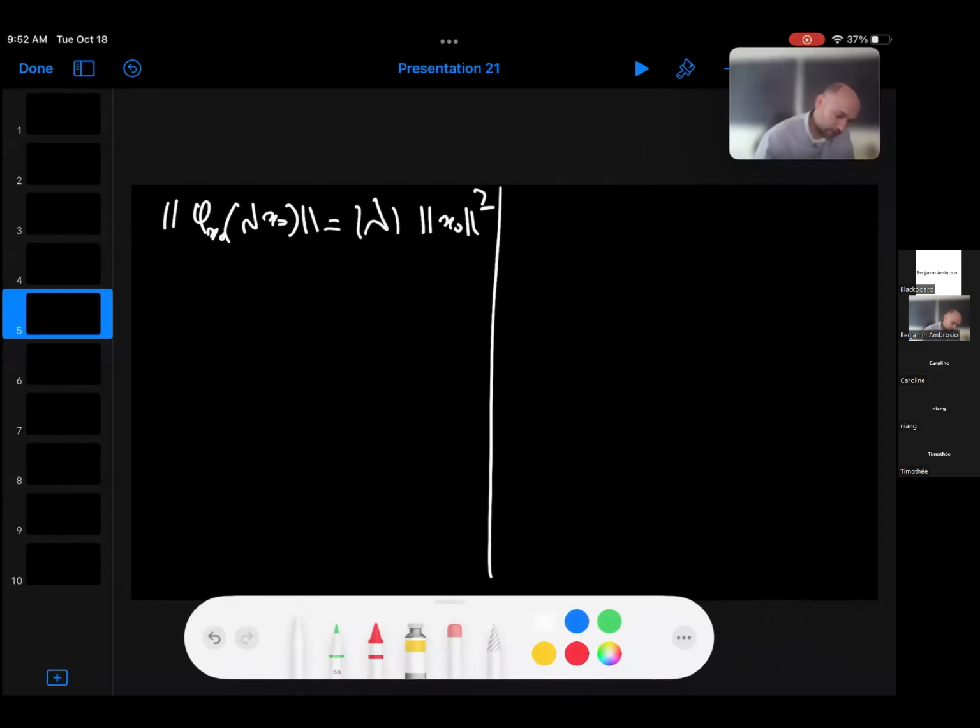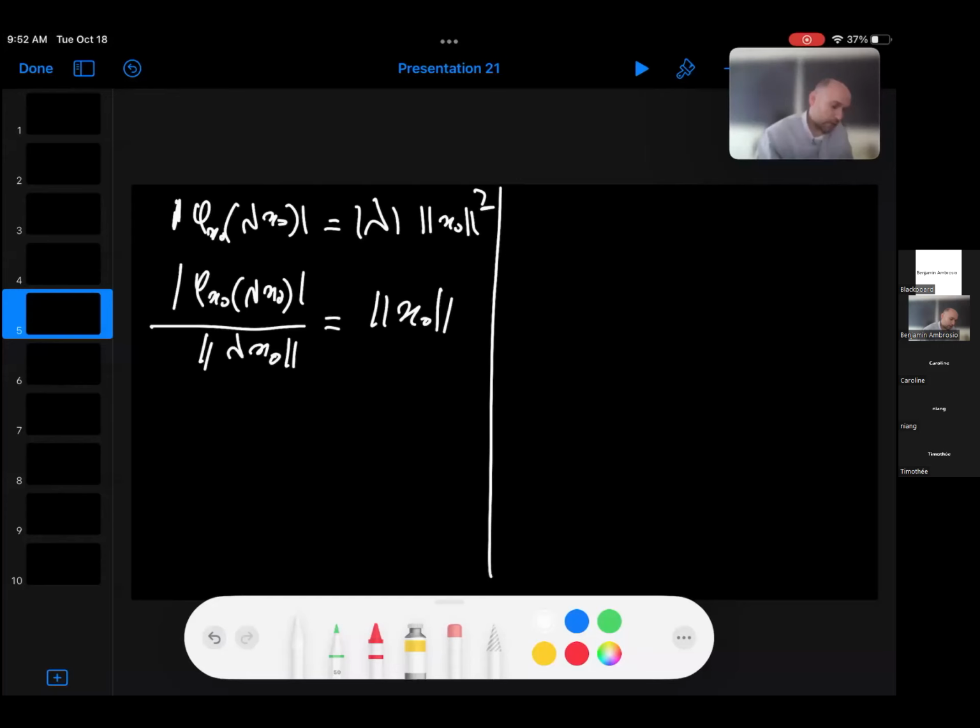Sorry, here there's a detail that's not right. Now, if I look at this quantity, this implies that the norm of phi node on Y is equal to the norm of x node.